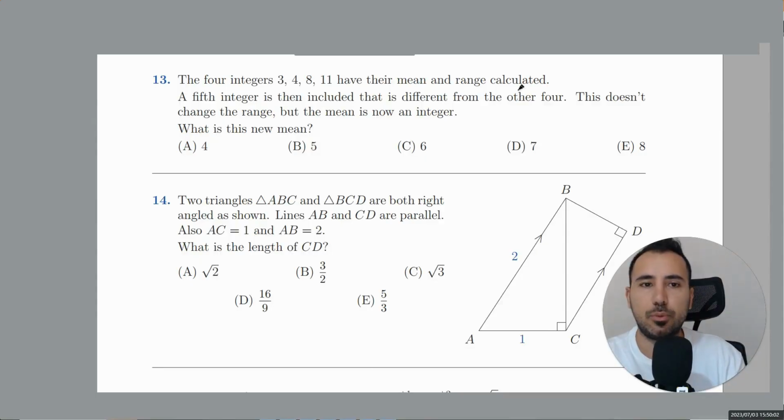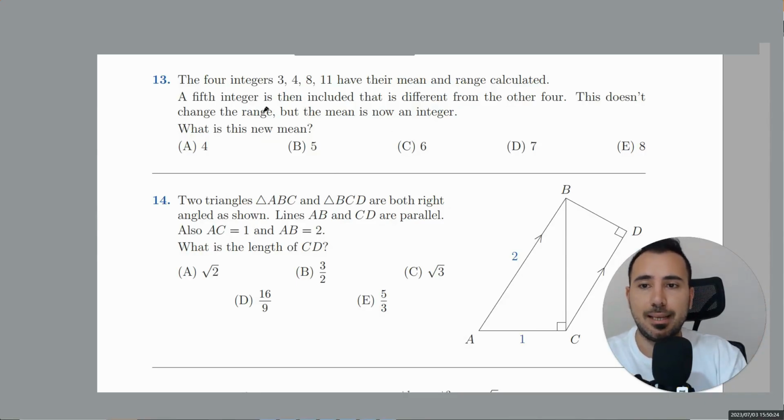So now it says the range, which is 11 minus 3, is not going to change. Now a fifth number is then included that is different from the other four. This doesn't change the range, but the mean is now an integer. Interesting.